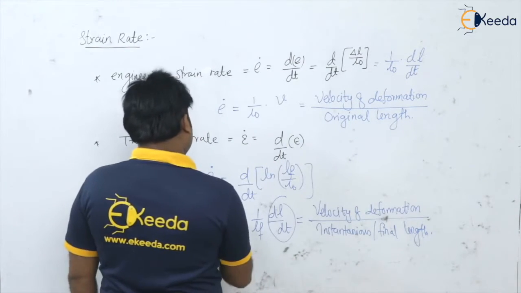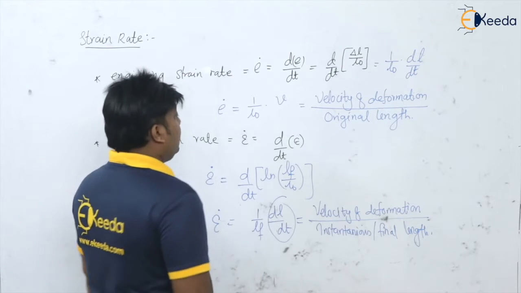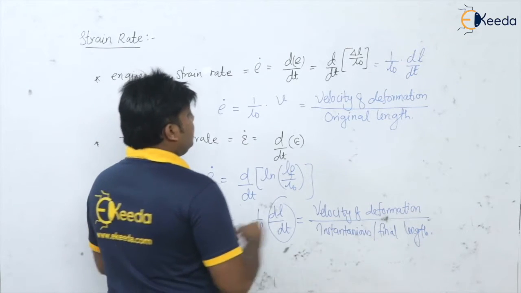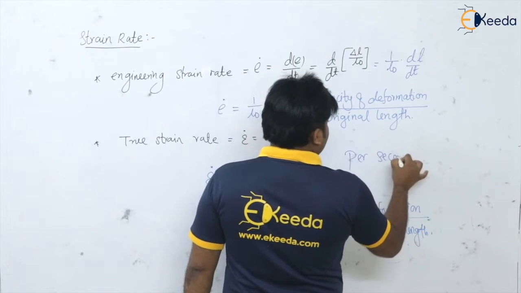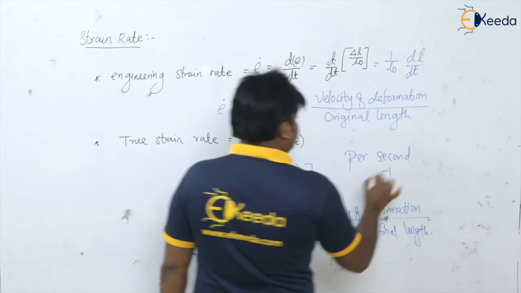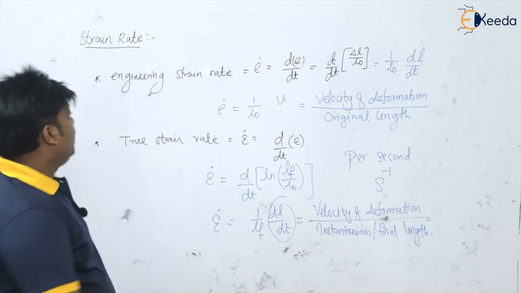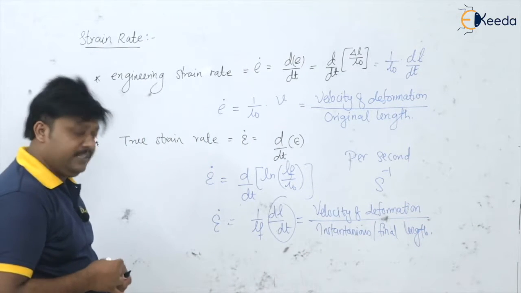This is the true strain rate epsilon dot. And of course the unit is per second, or second inverse. This is the strain rate.